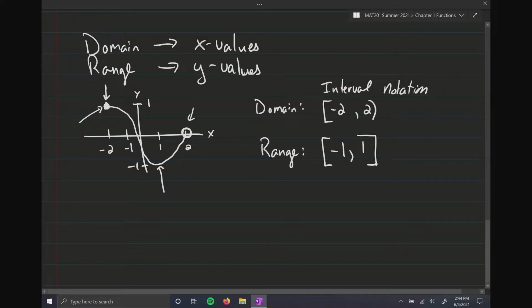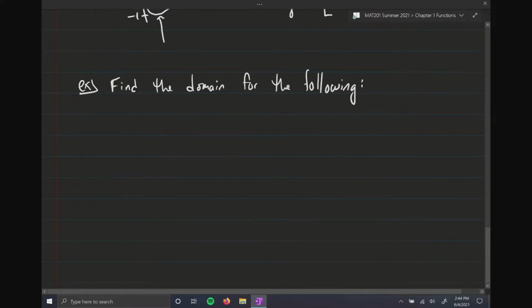It's a little bit different though when you are trying to figure out the domain and range for, let's say, a function where there is no graph. So for example, let's find a domain for the following. Part A, f of x equals x squared minus x minus 6.